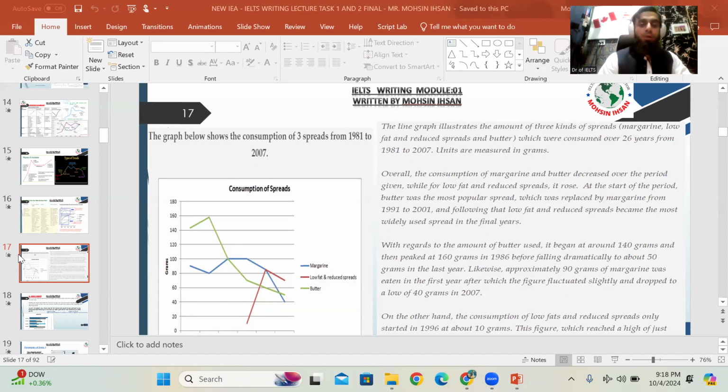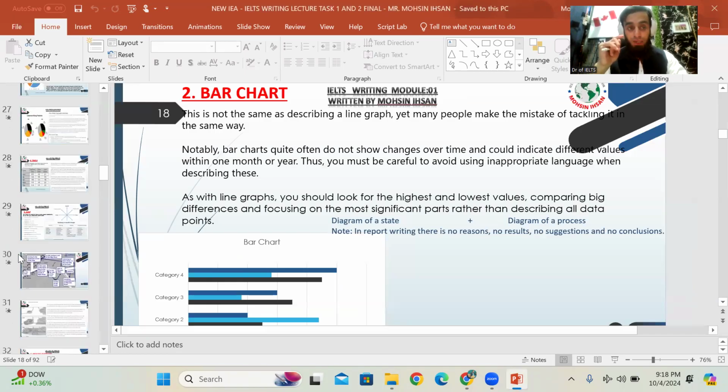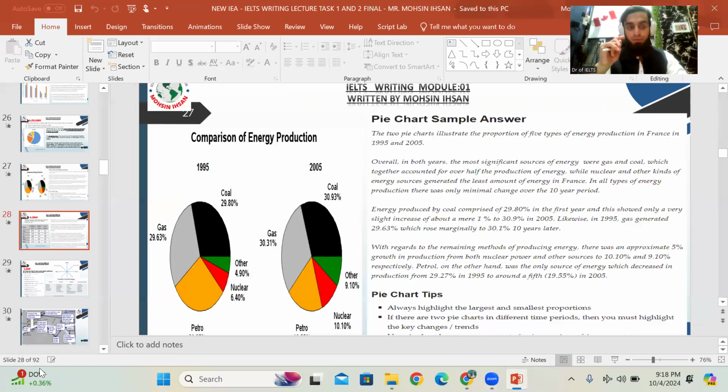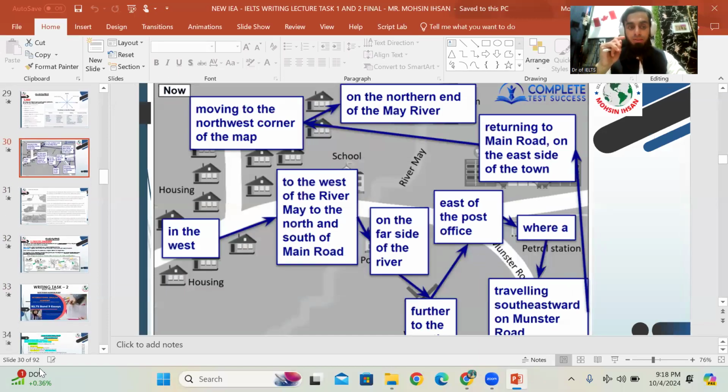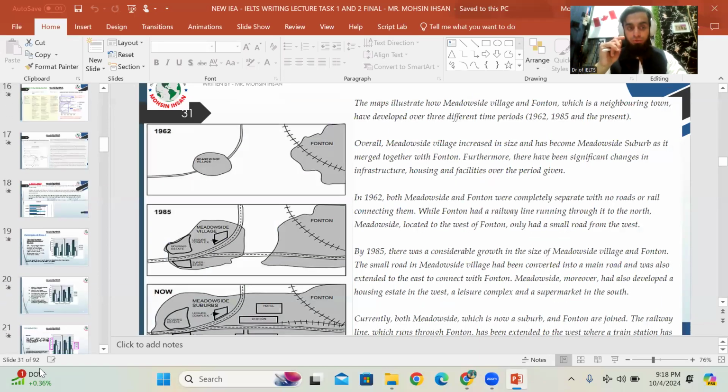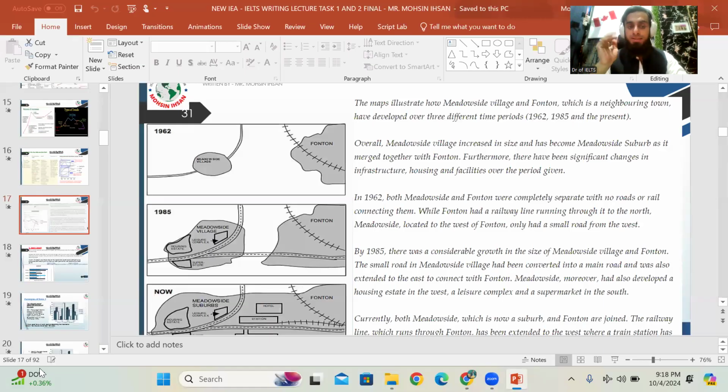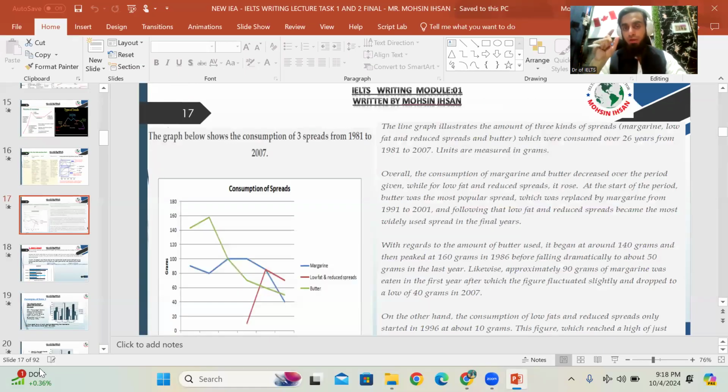We have to do two things for writing the introduction of any diagram. Either there's a line graph, bar chart, pie chart, table graph, process diagram, or map, right? Whatever diagram will be given to you, we will have a simple strategy for the introduction.